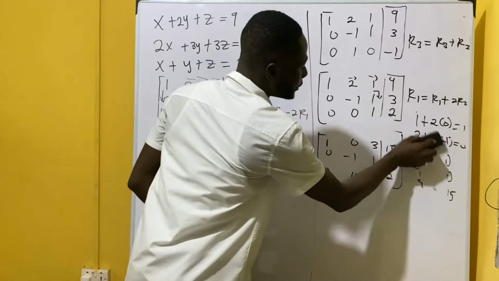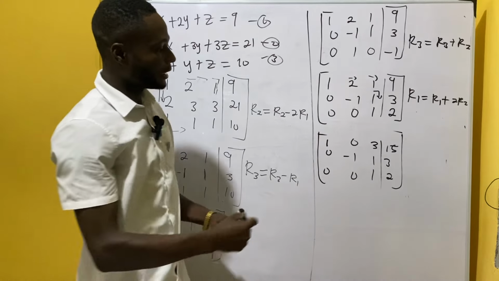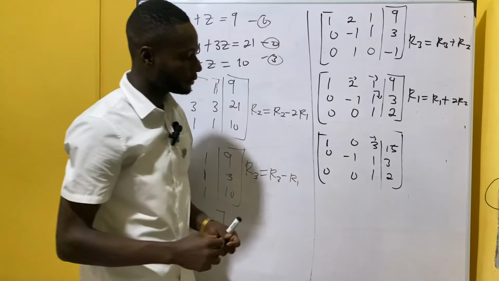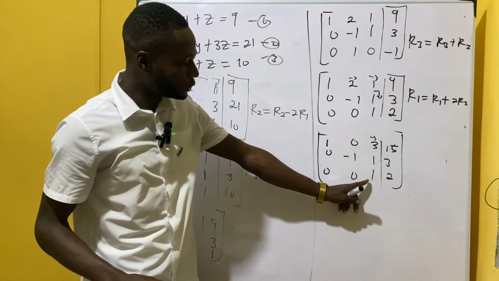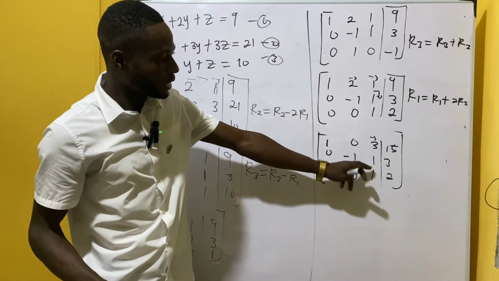So the next thing we do is that we eliminate the next element, which is the 3, right? So we have to use this. We can use this to eliminate it, right?